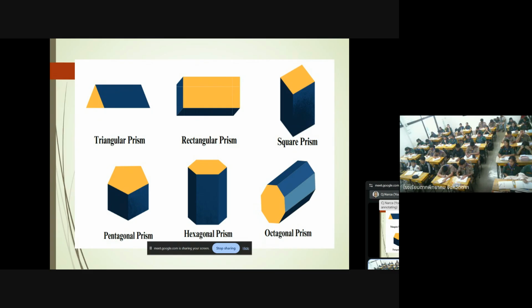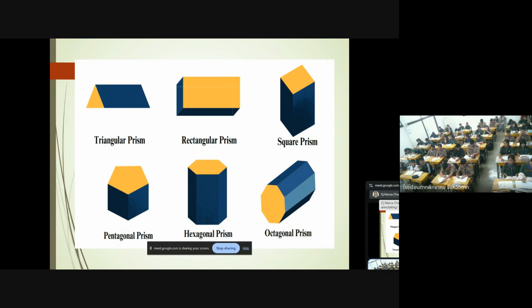So 1, 2, 3, 4, 5, 6. Hexagonal prism. Repeat after me. Hexagonal prism.